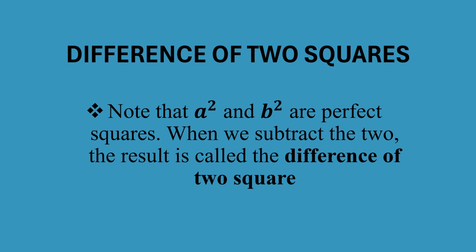Remember that when we are subtracting, the answer is going to be called a difference. So that is where the name difference comes from. Because we're subtracting squares, we're going to call that the difference of two squares.